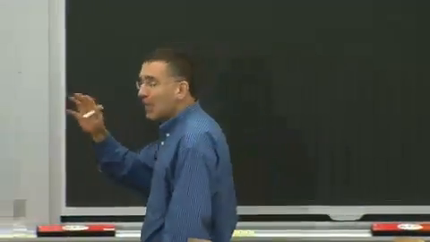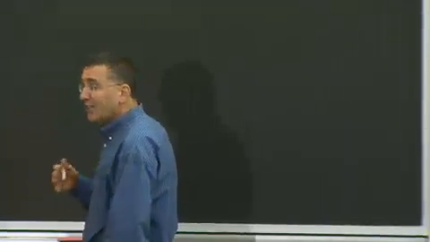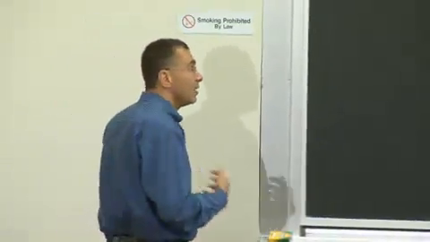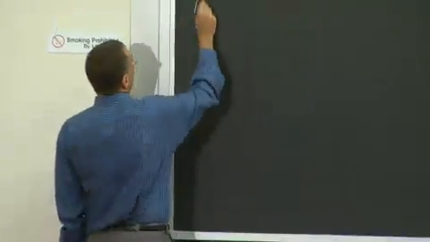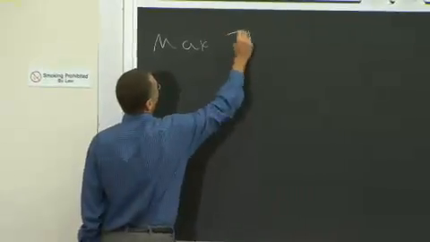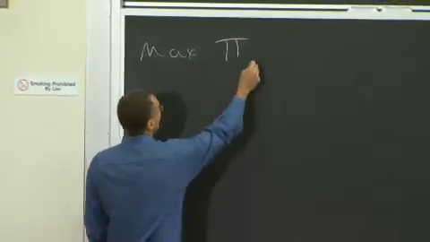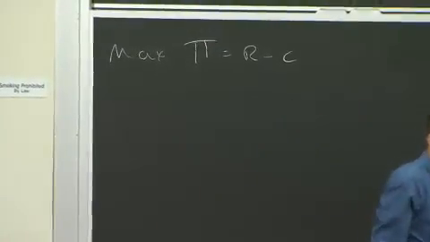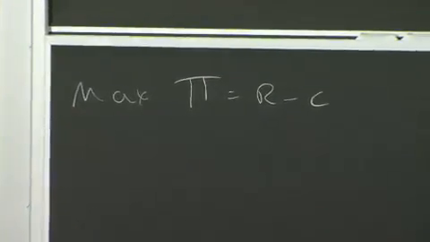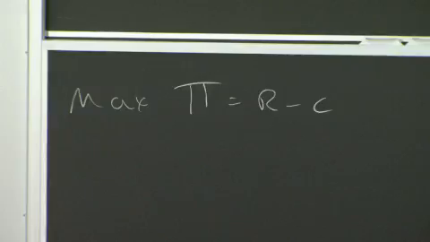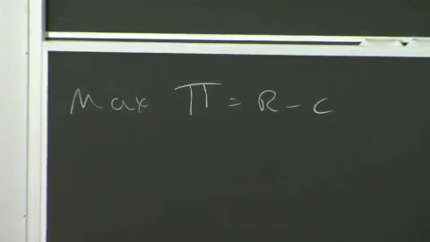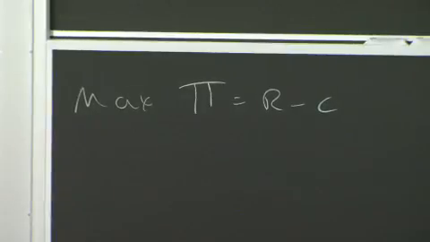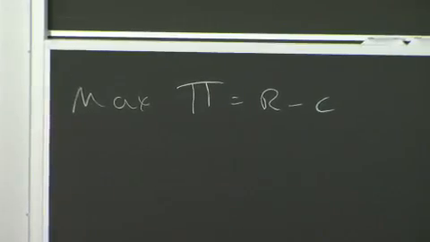And that black box, that firm, just as individuals have a simple goal, which is to maximize their utility, producers have a simple goal, which is to maximize their profits. And profits are defined as revenue minus costs. Producers are these black boxes where their goal is to maximize their profits, which is revenue minus costs.